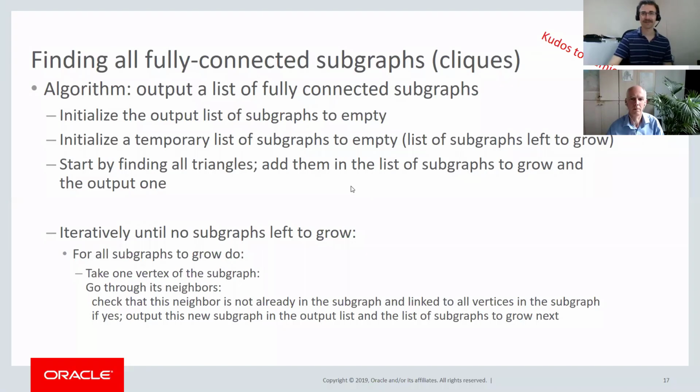But unless someone has a real use case for it, it's unlikely you're actually going to compute a complete, fully connected subgraph of an entire graph. So it's probably more of an academic exercise for most of us.